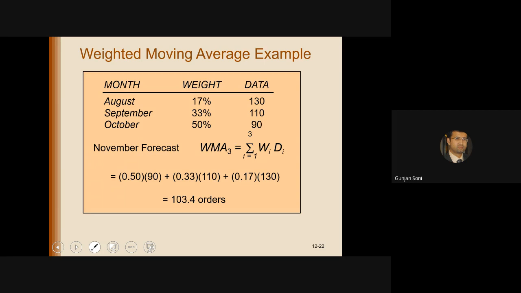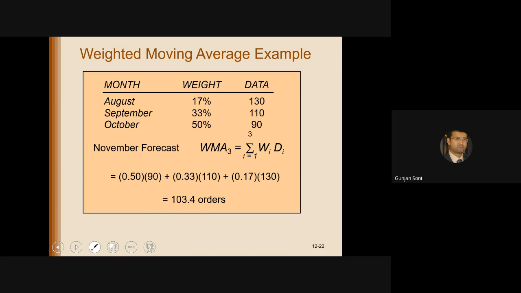So if you'd like to find out November's forecast, I will simply find out the weighted moving average, that is, you can see over here. 0.5 multiplied with 90. So this particular demand got 50% of the weightage as compared to the demand of the other months. So the November forecast would be somewhat like this.